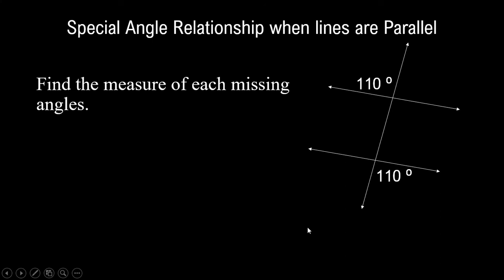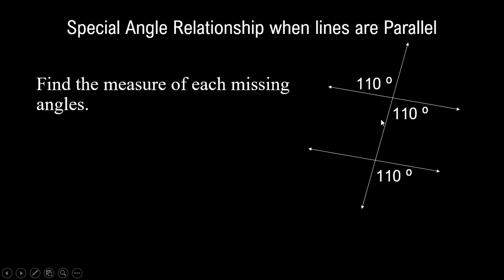Next, if we already have this measure, let us use it again as a clue. If this is 110, then this part is what we call the corresponding angle. And corresponding angles have the same measure, or they are congruent. Meaning, this part is also 110. Okay, next.